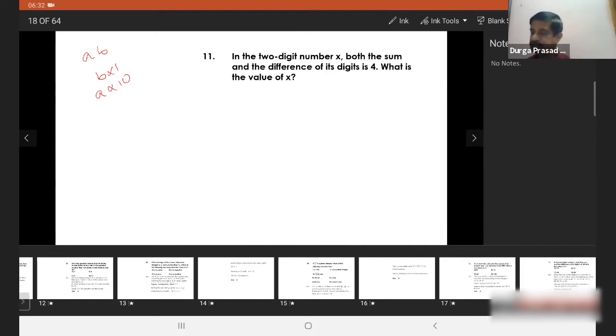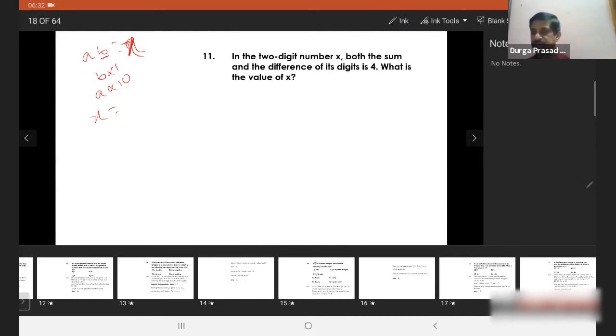In the two-digit number x, both the sum and the difference of the digits is 4. What is the value of x? So, see children, this has 2 digits. Let us call x as AB. Now, the sum and difference of these two being 4 means automatically the second digit should be 0.